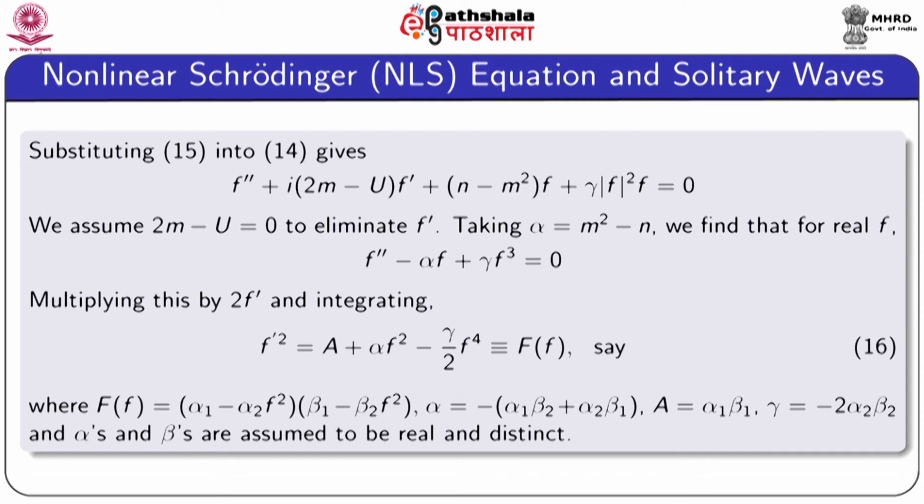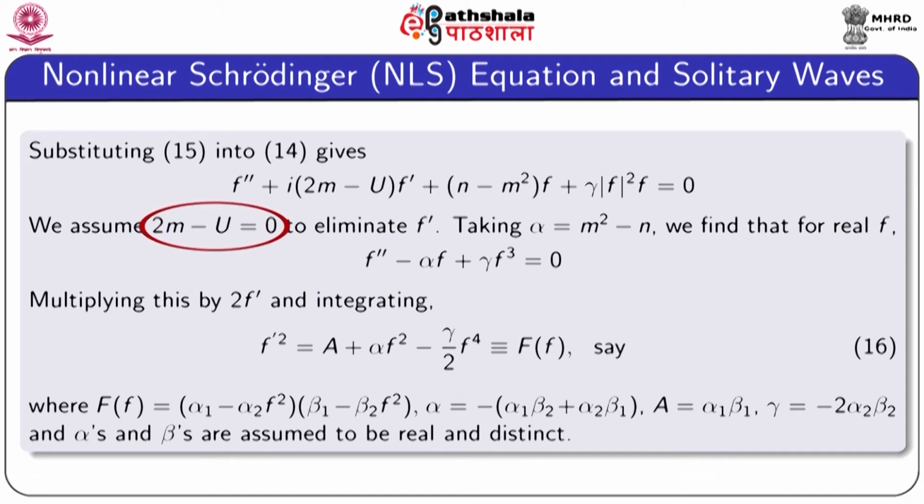and obtain an ordinary differential equation in f, which is written in the first line of this slide, where f double dash represents the second derivative of f with respect to capital X and f dash is the derivative with respect to capital X once. To eliminate f dash, we choose m in such a way that the coefficient of f dash becomes 0.